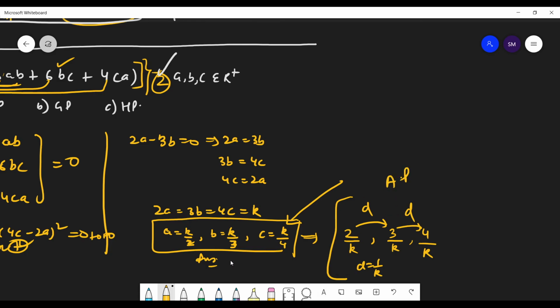So if they are in AP, it means they are in GP. Is this clear?